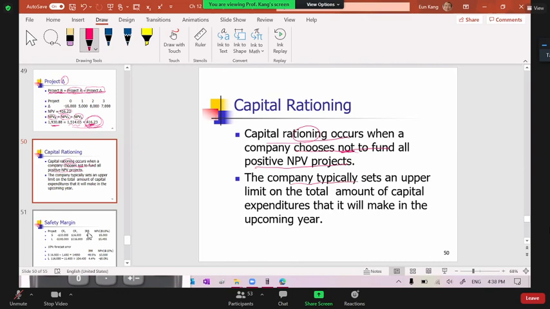The company typically sets an upper limit on the total amount of capital expenditures that it will make in the coming year, right? So in other words, they have to think about paying debt or whatever. So they may not be able to fund all the projects. There is some limit.